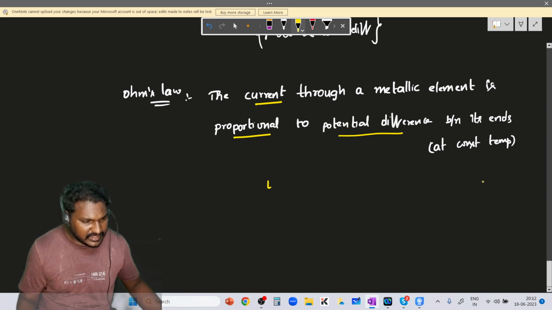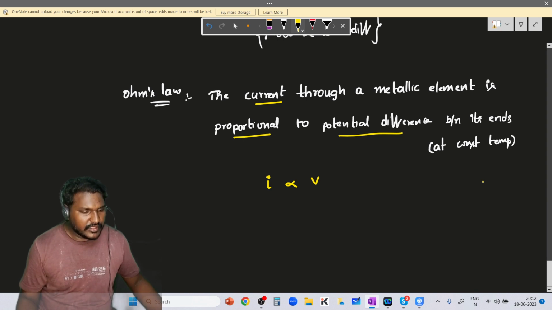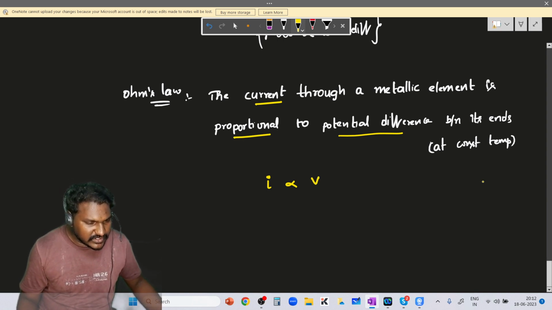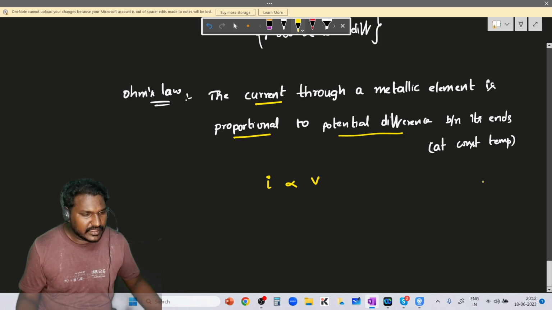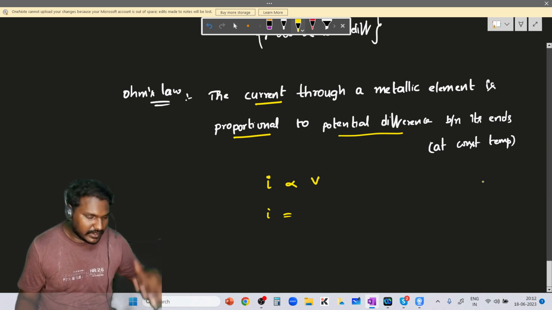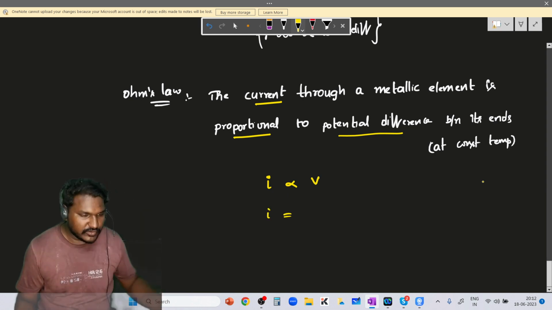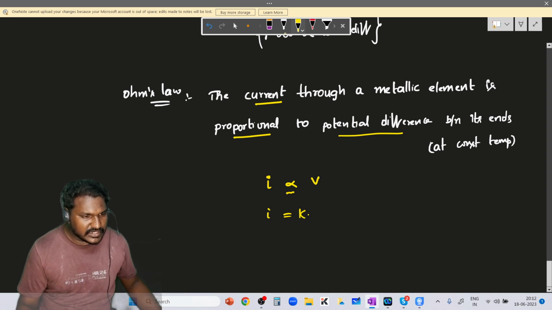That means I is proportional to V. If we want to remove the proportionality symbol, we have to add a proportionality constant, that is K. In this case, that proportionality constant K is known as R. So let me write it.